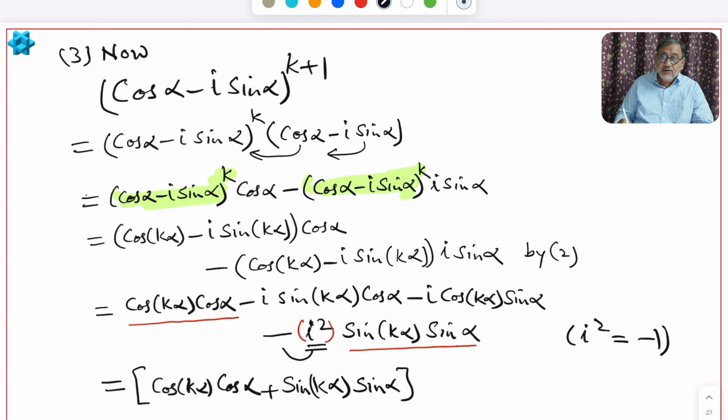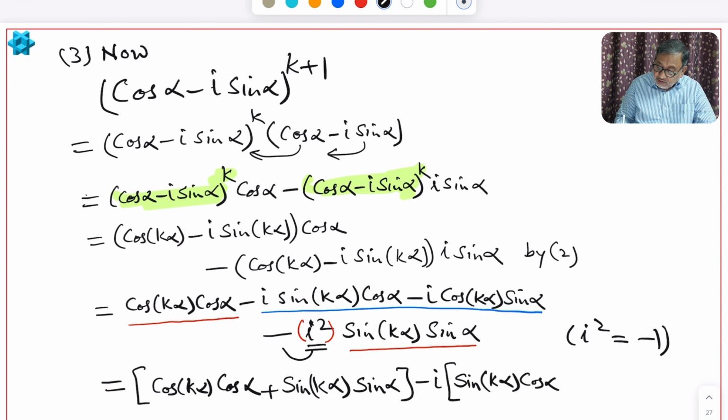In the same way the other two together I will put, so minus I will be common from that. I will underline it with another color, these two together, okay? From them minus I am taking common, so sin k alpha cos alpha plus cos k alpha sin alpha.